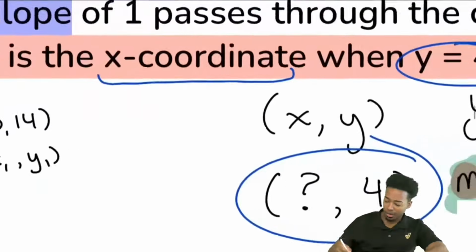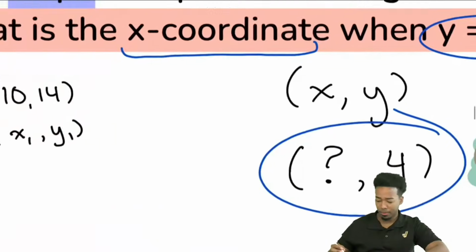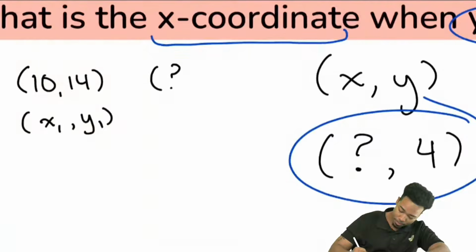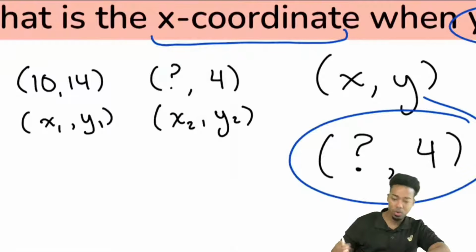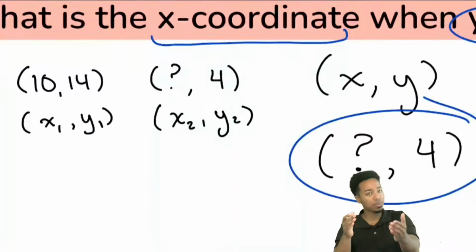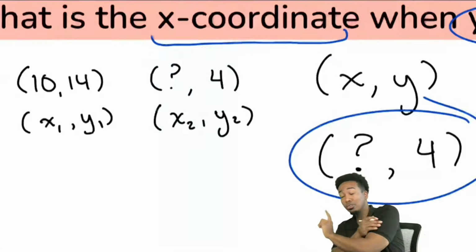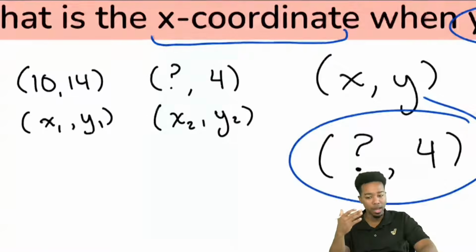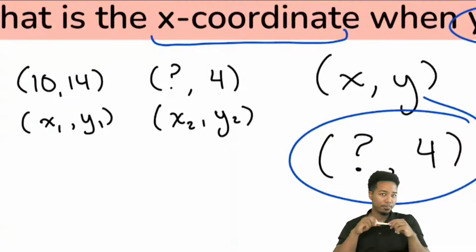And over here, the question mark with the 4, I'll say that is my second x and my second y. Is that okay with you guys? Before I continue, because understanding this right here is going to be the biggest piece of this problem, does this make sense before we move on?